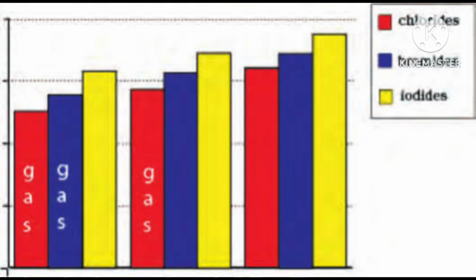The density increases with increase in, first, the number of carbon atoms; second, the number of halogen atoms; and third, the atomic mass of the halogen atoms.